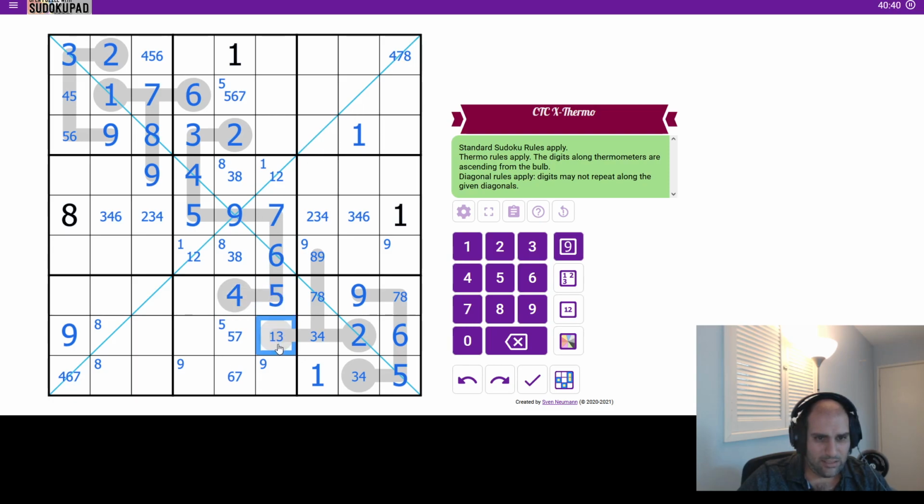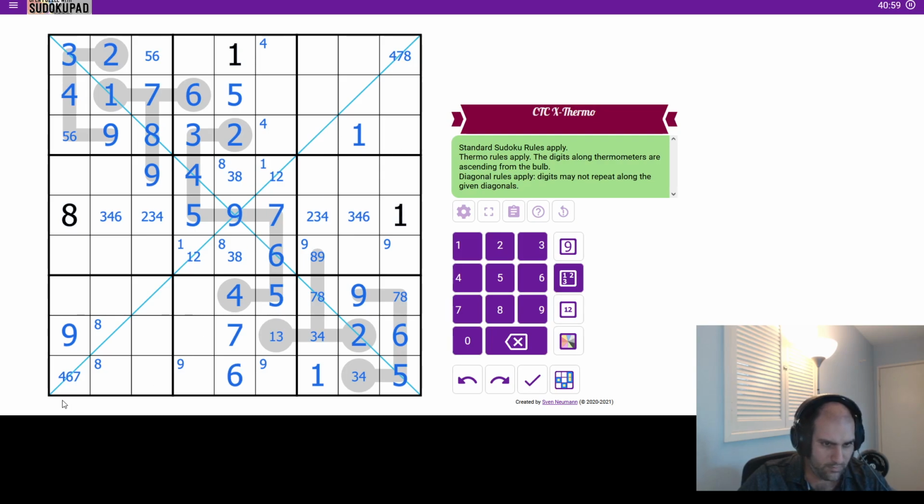That still doesn't disambiguate. Oh, it does this. Here. Four's in here. This isn't 6. Nor is it 4, it's 7.